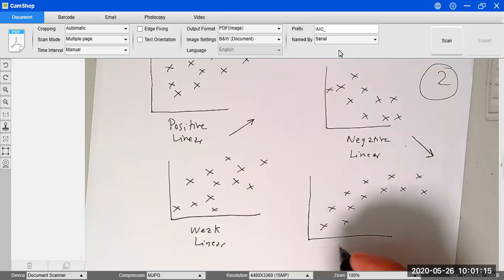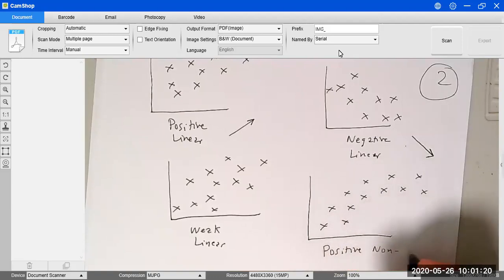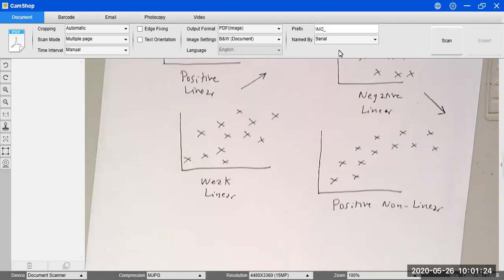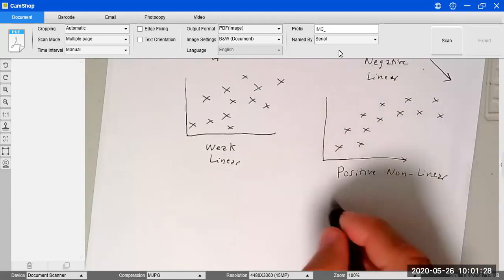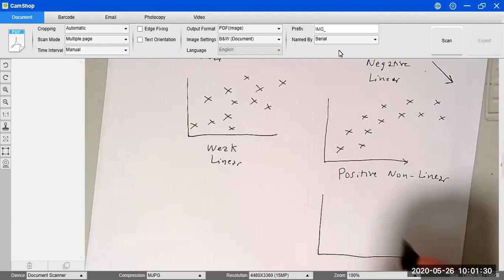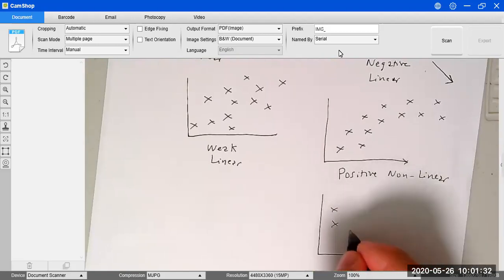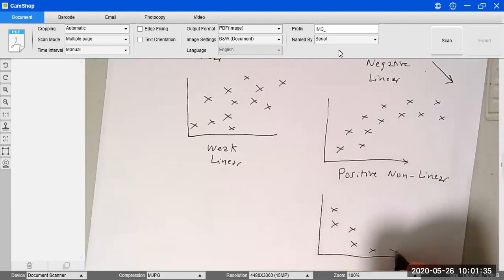So this is a positive non-linear pattern. We can have also the opposite of this one. So something like this. You can see that it's not linear.